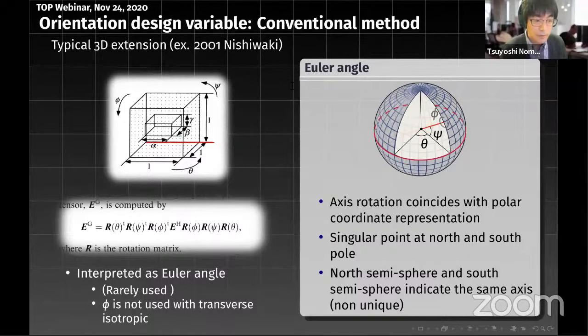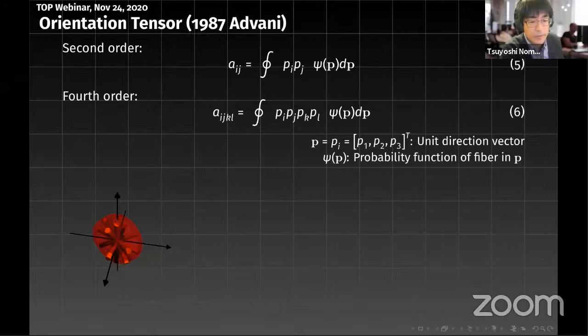The tensor I used is the so-called orientation tensor, which is usually used to analyze distributed orientations by having a probability function.